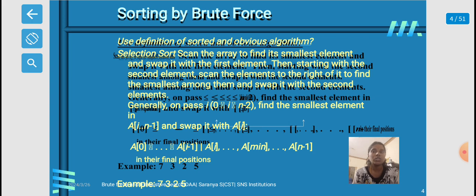Thus, selection sort is a big O of n squared algorithm on all inputs.